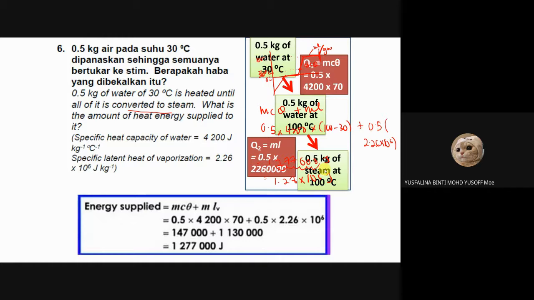Your equation is correct. Oh, why? What happened? You keep putting 4,000 here, not 4,200. Oh.